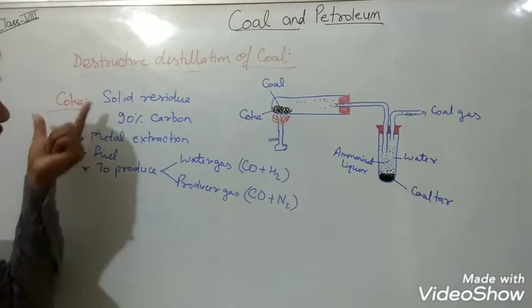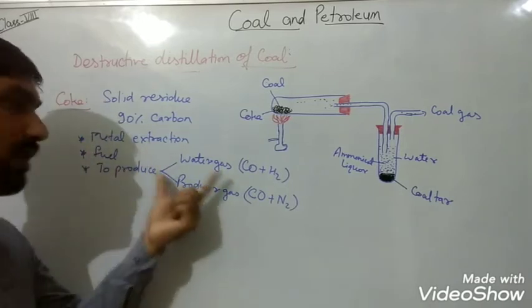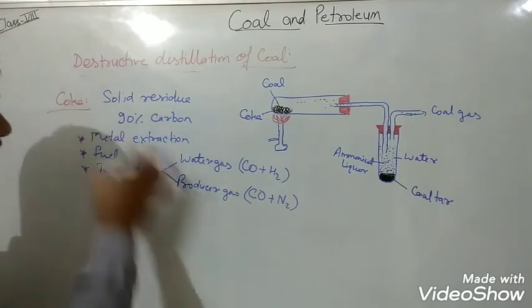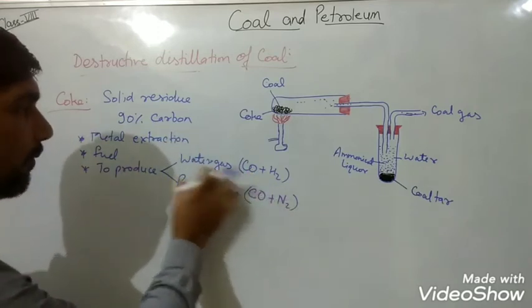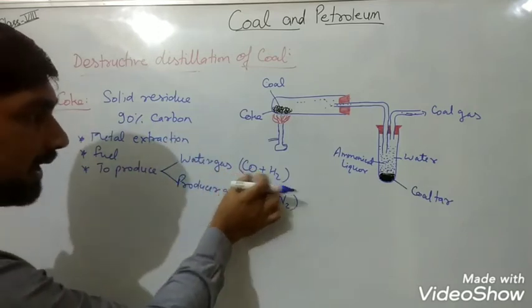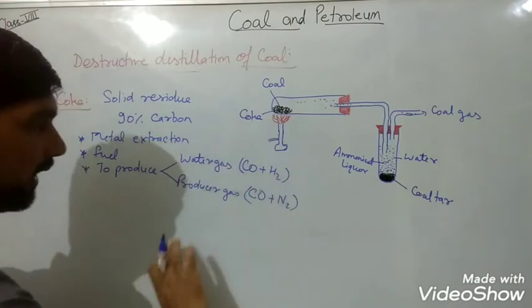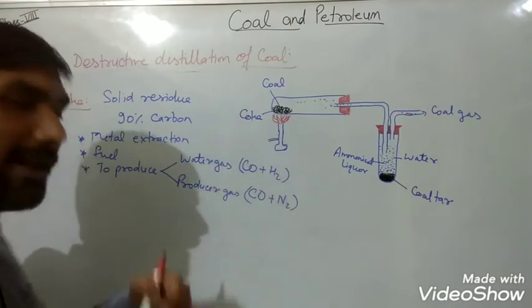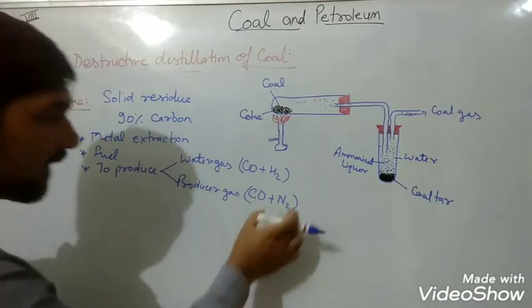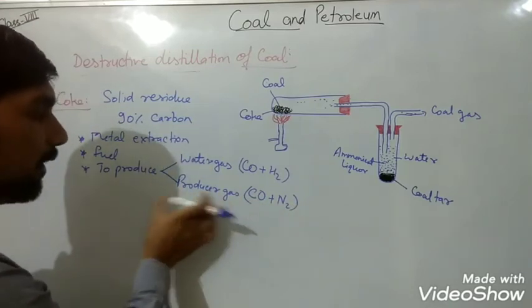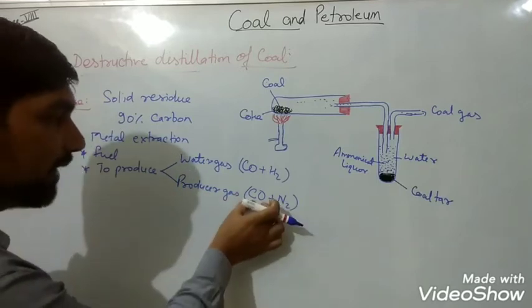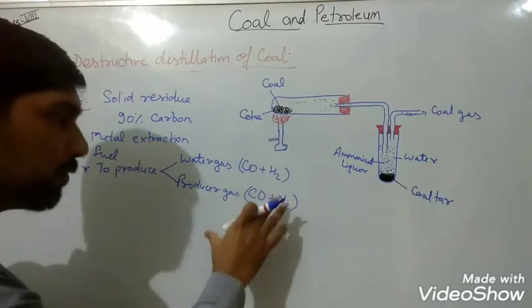Actually, when this coke is treated with steam, the carbon reacts with the water molecule and forms water gas, carbon monoxide along with hydrogen gas. Simultaneously, when there is air, meaning nitrogen, it also produces producer gas, a mixture of carbon monoxide and nitrogen.